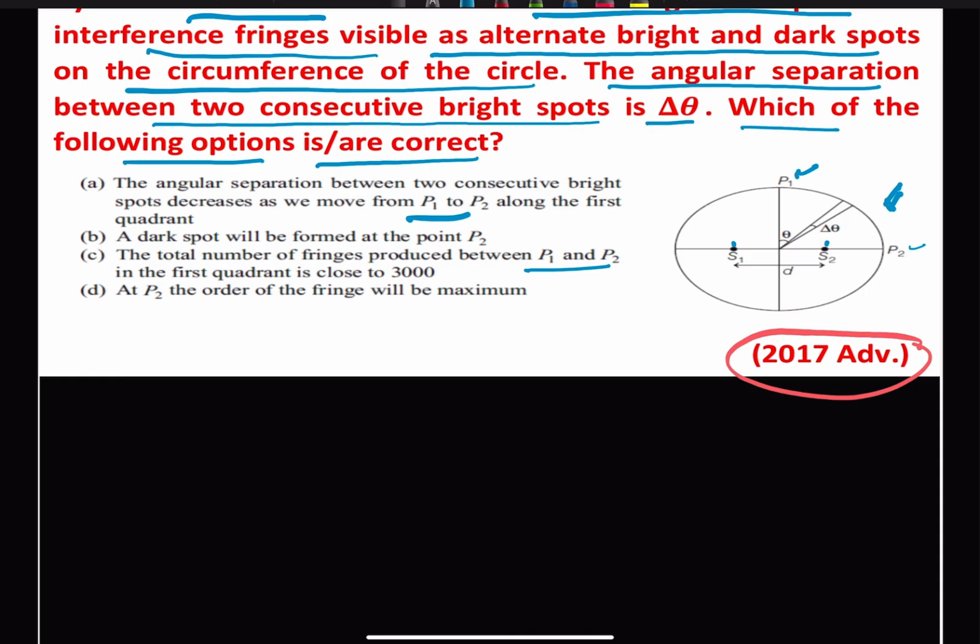So we are given wavelength, that is our lambda, which is 6 into 10 raised to power minus 7 meters, and separation d, which is 1.8 into 10 raised to power minus 2 meters.